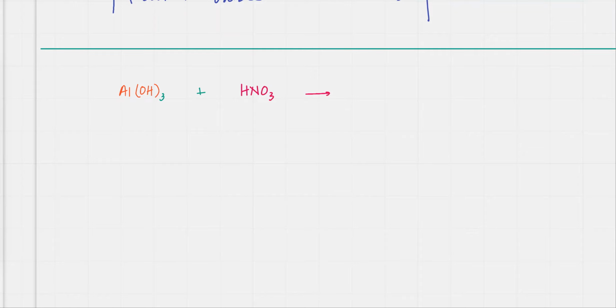If I react them, a salt and a water molecule are going to be produced. So a salt is simply, get rid of the H, and the OH ions are forming water. So whatever is left, that's your salt. So in that case, that would be aluminium nitrate. Al is 3 plus, NO3 is -1. So this is what the salt is going to be.